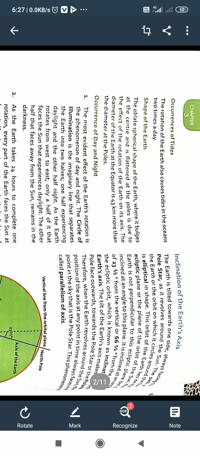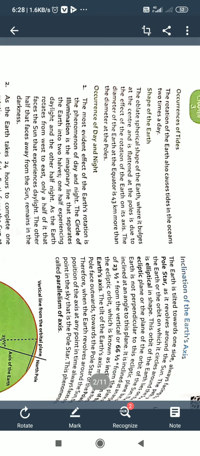As a result, the distance between the earth and the sun changes during the revolution also. When the earth revolves around the sun, the axis at any point in time always faces the same point in the sky, that is the pole star. This phenomenon is called parallelism of axis.